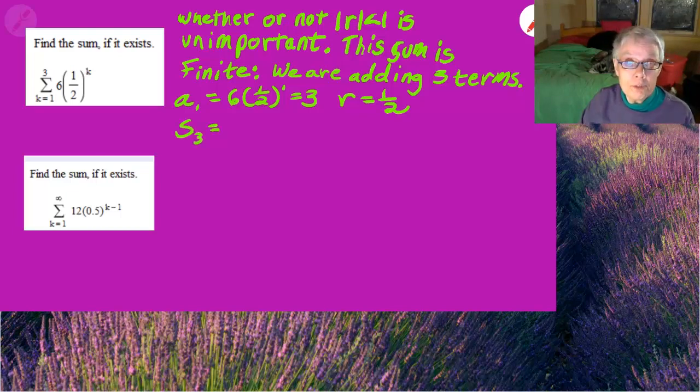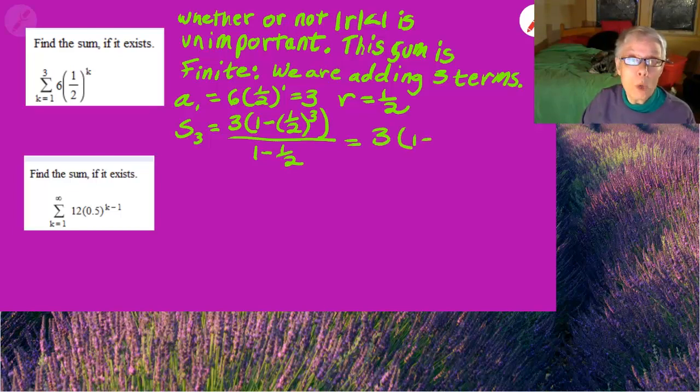So the sum of the first 3 terms is going to be 3, parentheses, 1 minus 1/2, which is r, to the 3rd power, over 1 minus 1/2. And so we'll have 3 times 1 minus 1/8, because 1/2 to the 3rd power is 1/8, over 1 minus 1/2, which is 1/2.